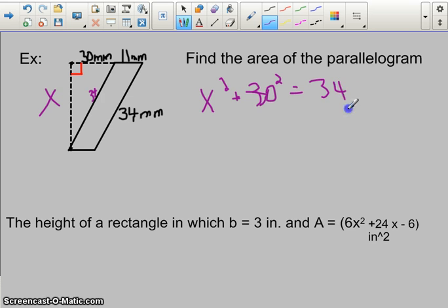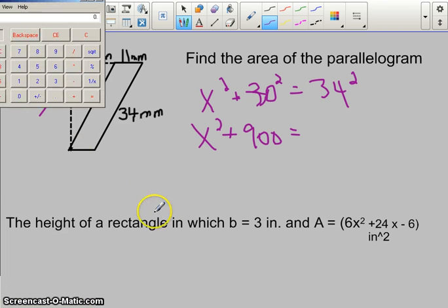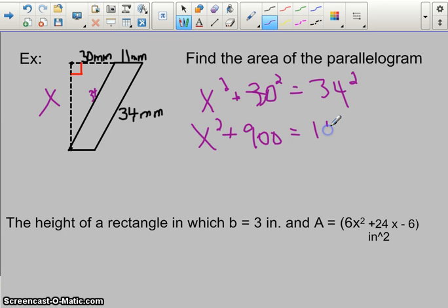34 squared. So x squared plus 900 equals, and let's go ahead and break out the old calculator. We've got 34 times 34, which is 1156, that we're going to subtract the 900 from, and that's going to give us 256.